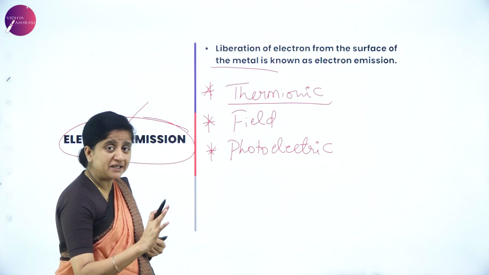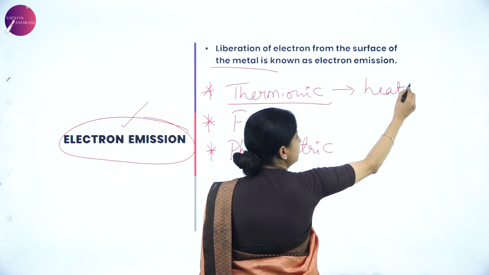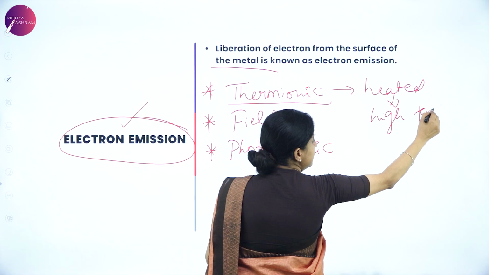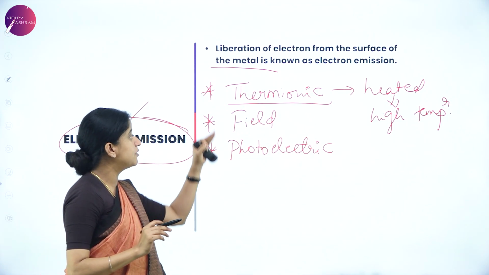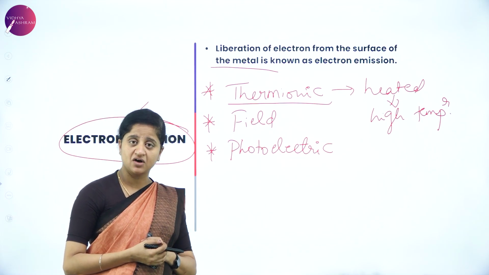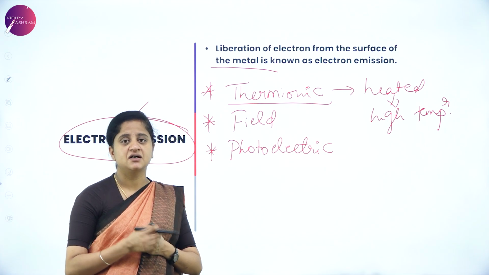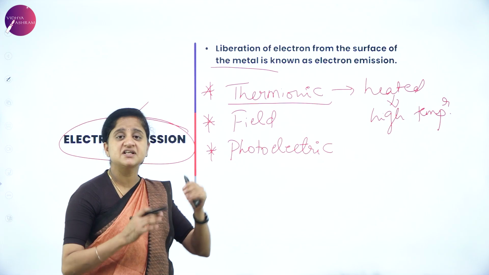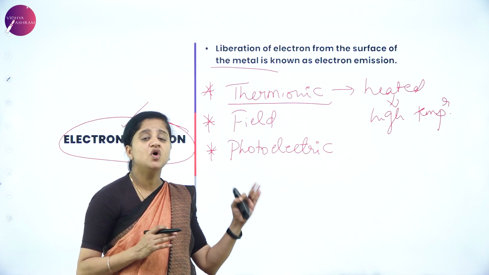No. When the metal is heated to a sufficiently high temperature, the electrons will gain energy and start liberating from the metal surface, and such type of emission is called thermionic emission. So in this method, the thermal energy is the reason for the electrons to come out of the metal surface, and those electrons which liberate from the metals are called thermoelectrons.